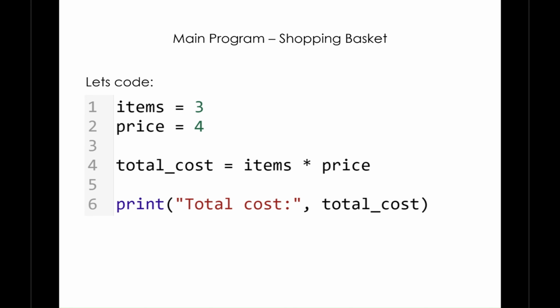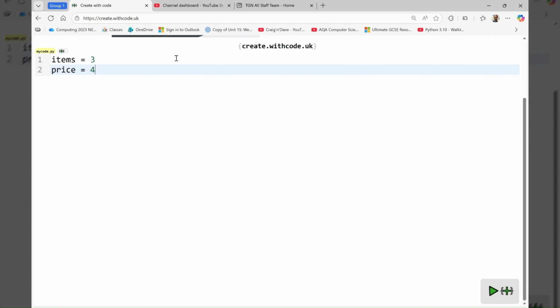Let's code. Let's have a look at the shopping basket program. Items equals 3. Price equals 4. Total_cost equals items multiplied by price.